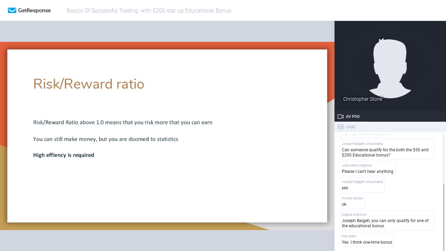And the next question is: how high an efficiency is required? How often are we supposed to be right, how often on the right side of the market?